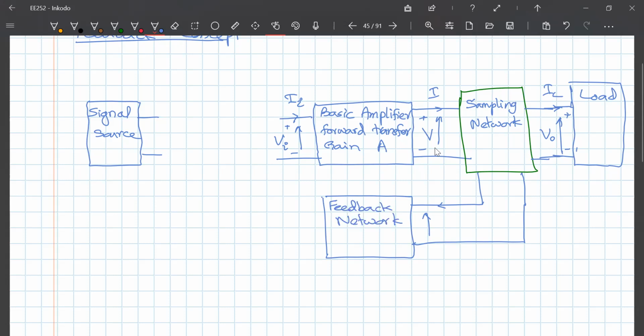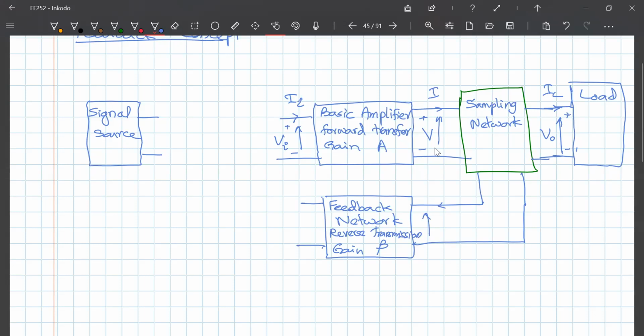Feedback network, and it has what is called a reverse transmission gain of beta. Basically, the input to this network times beta will be available as the output.